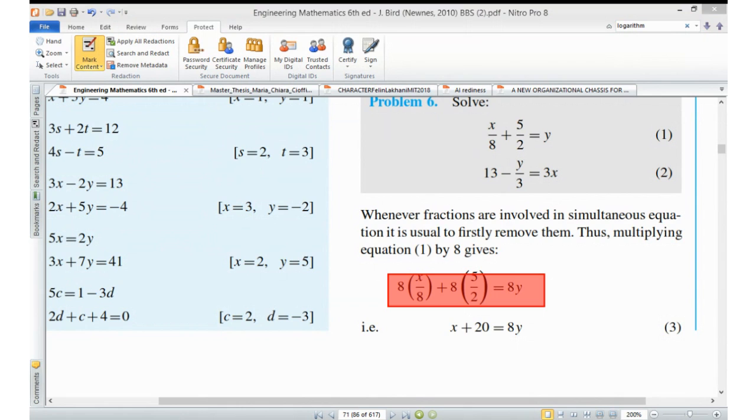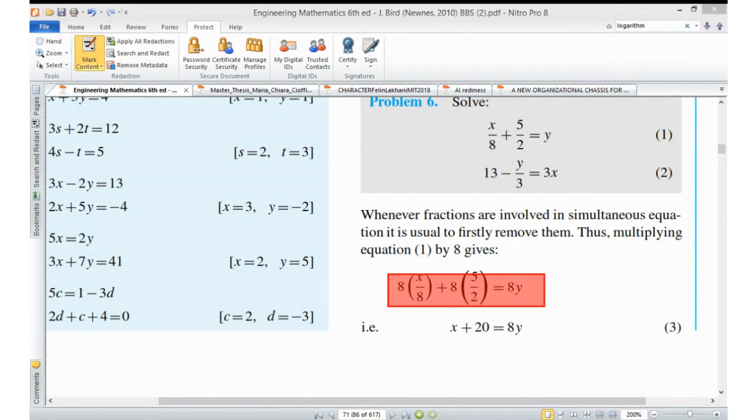You can see we are multiplying both sides by 8, as the LCM between 2 and 8.